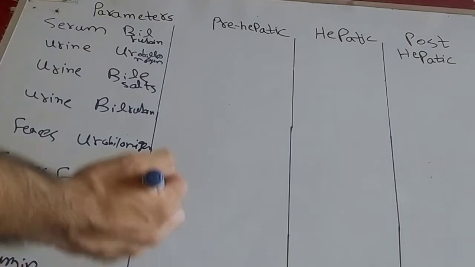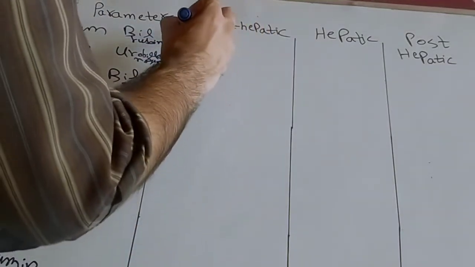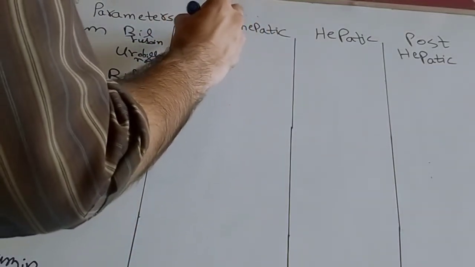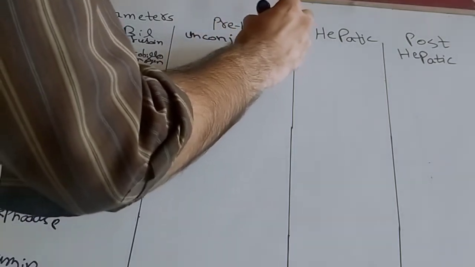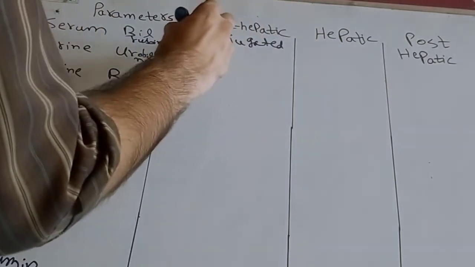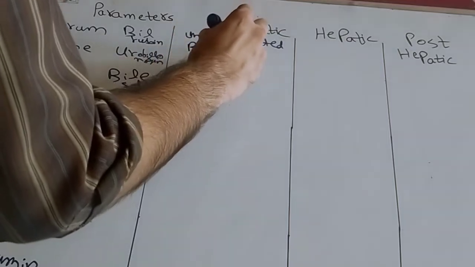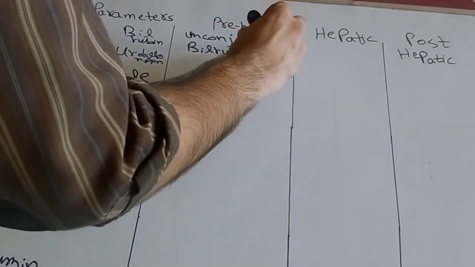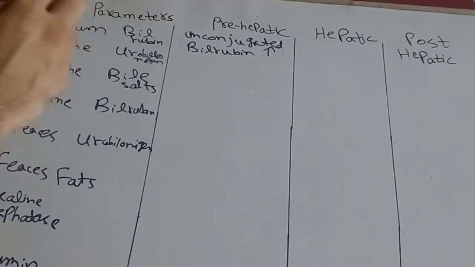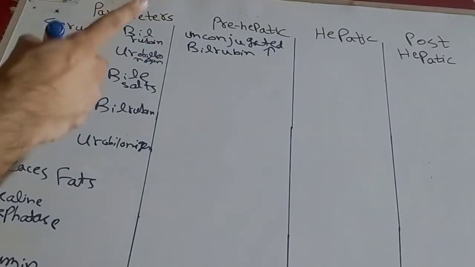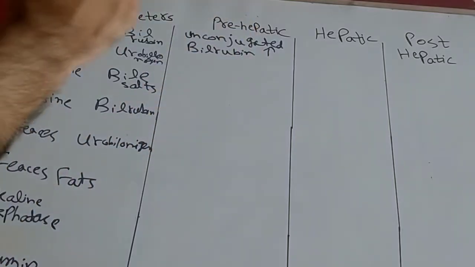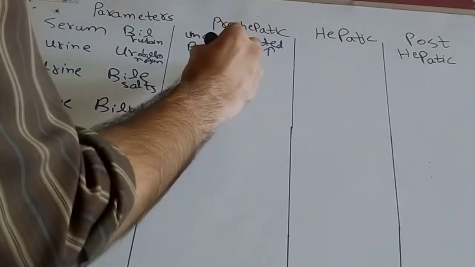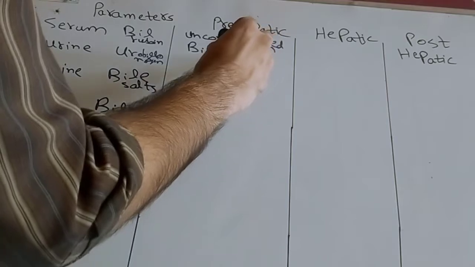Now talking about the pre-hepatic, we know that the level of unconjugated bilirubin is high in the case of pre-hepatic jaundice. After this, we will denote this like this.